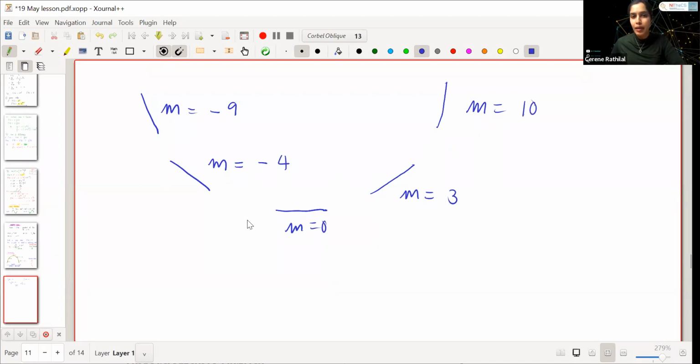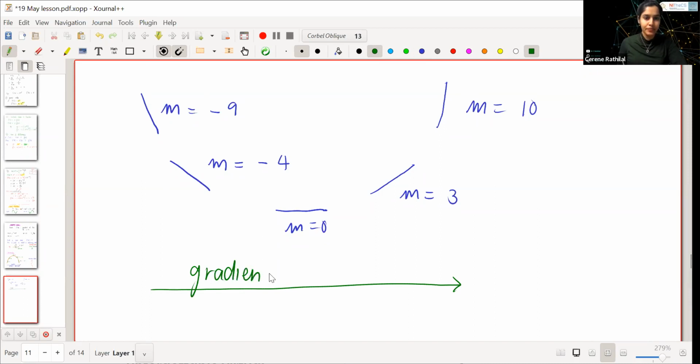So again, now what has happened as we go from left to right? The same protocol we followed. As I go this way, what is happening? Can you see the gradient is increasing from -9, it becomes -4, then 0, then 3, then 10. So here we see the gradient is increasing. And so whenever you have that your gradient is increasing, we call this concave up, okay?